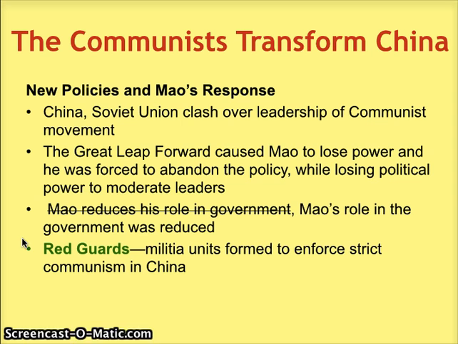So for a second, it looks like China is going to be more of a socialist, open-ended communism with small-scale business. But Mao refuses. He says, no, we are now going to have an army that is going to control communism and make sure everyone is uniform and together.